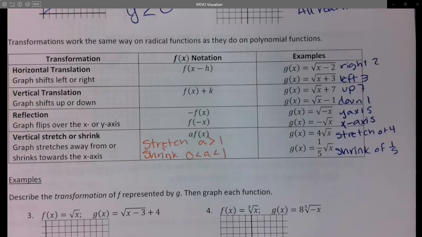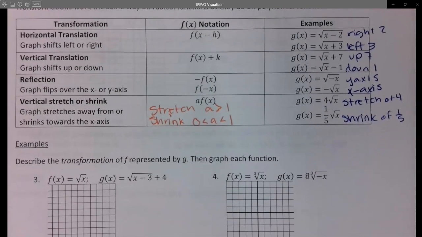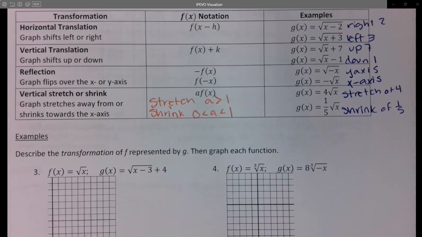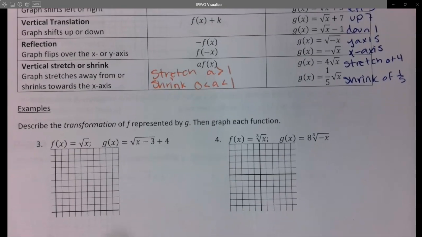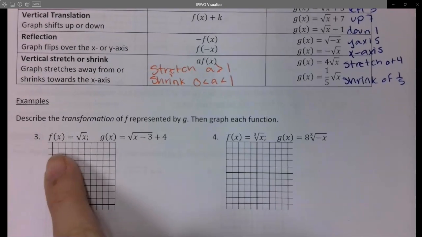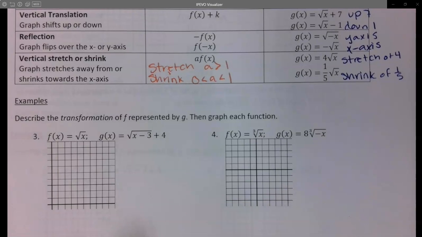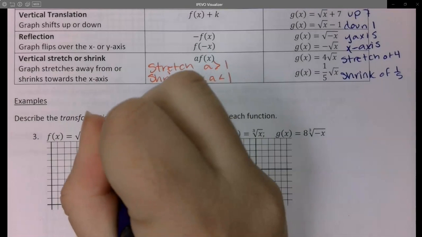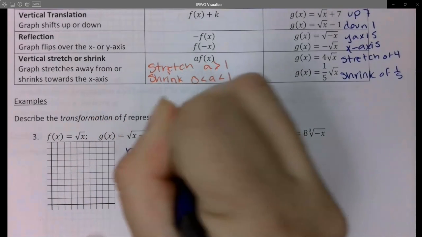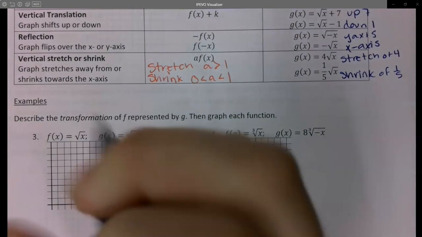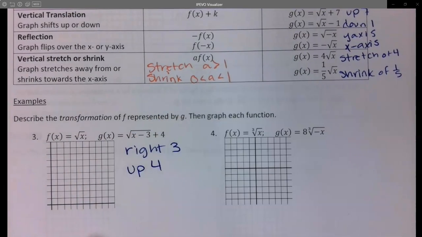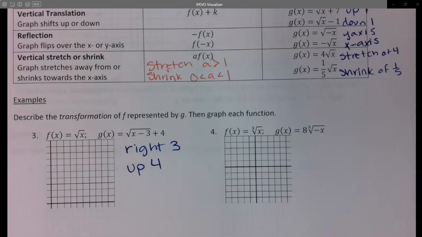Okay. So numbers 3 and 4 want me to describe the transformation and then graph it. So what is changing from G and F? Okay, so right 3, and then what else? Up 4. So if I graph this, I should see those 2 different translations.